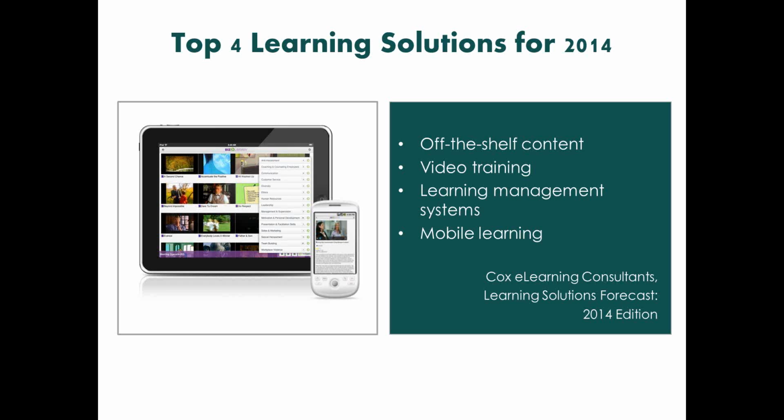Off-the-shelf content, they identified that, the participants identified that as a learning technology, video-based training, then learning management systems, and then mobile learning. Really a fascinating sort of 4-piece element.